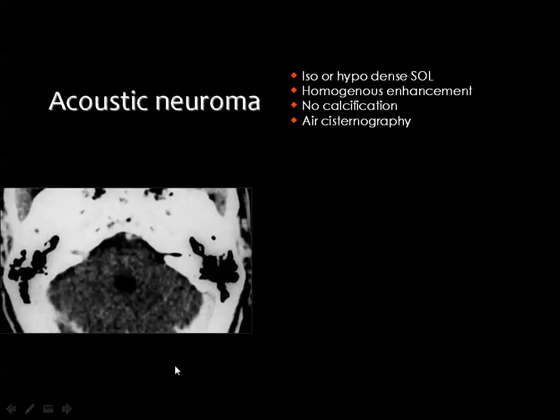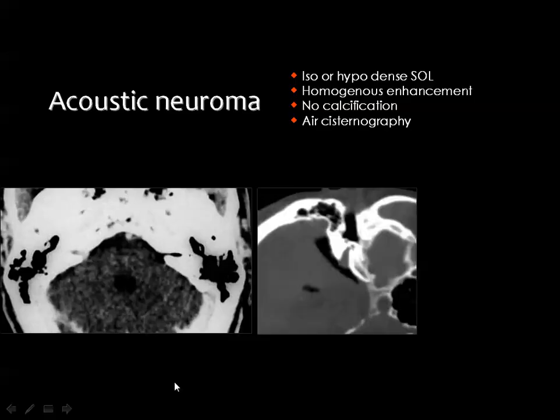Then, in order to confirm the diagnosis of an intracanalicular acoustic neuroma, we used to do a technique which is now obsolete, known as air cisternography. We inject air through a lumbar puncture, then we let the patient lie on the opposite side of the lesion, letting the air accumulate around the orifice of the internal canal.